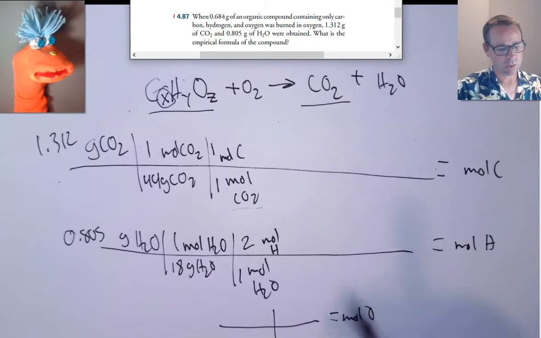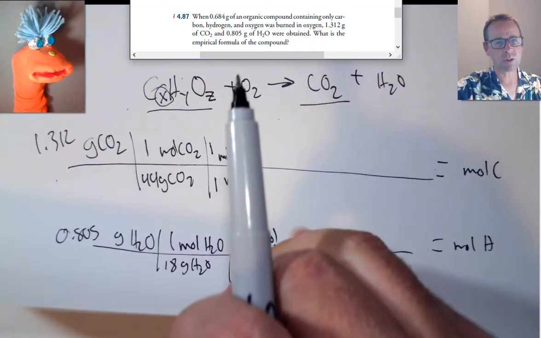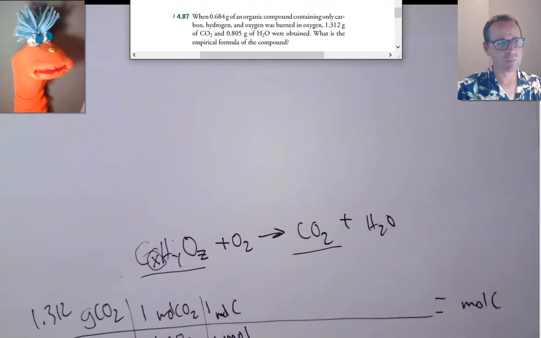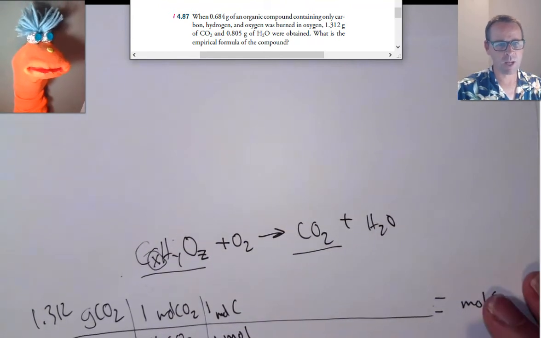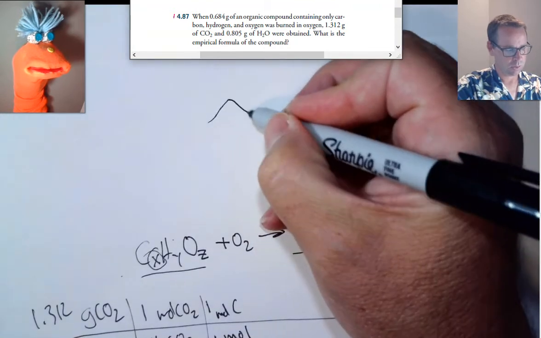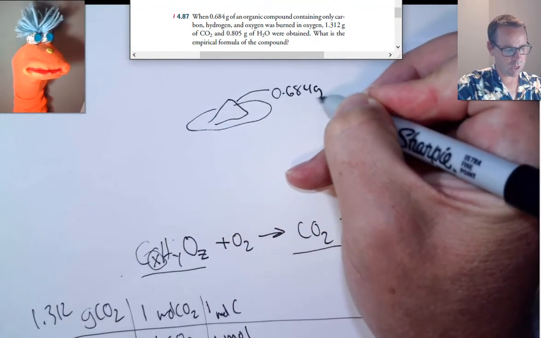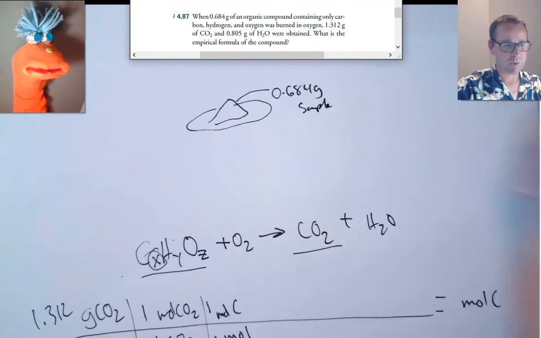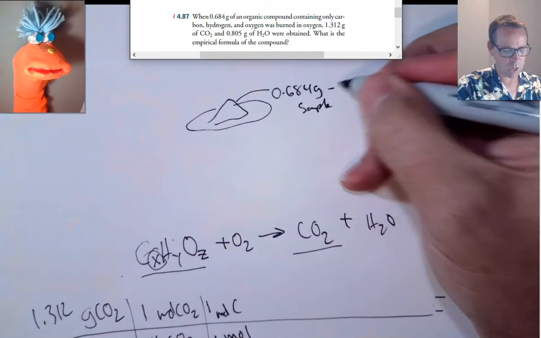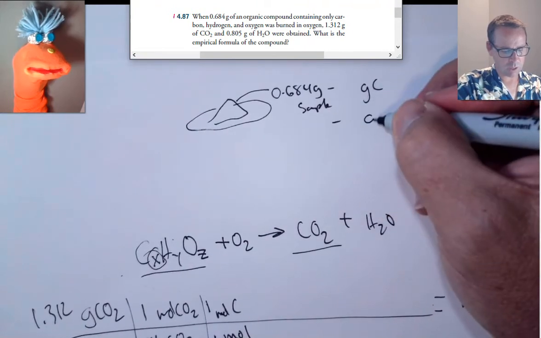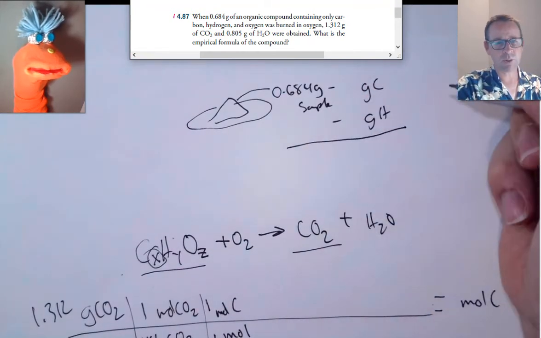But what we can do is take the mass of sample, which is 0.684 grams. And from that mass of sample, I can subtract the grams of carbon, and I can subtract the grams of hydrogen, and what will be left over?